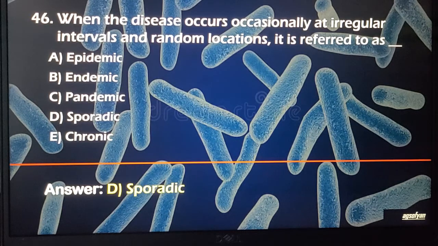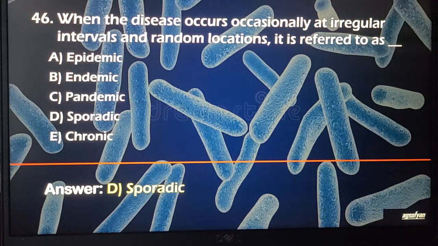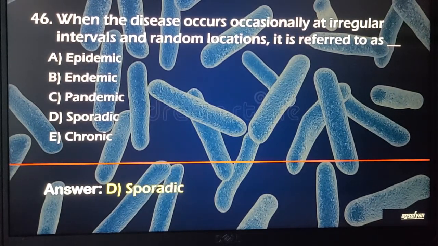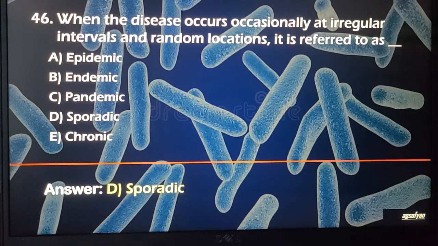And sporadic, this is the one that only happens in one area and then happens on another area that maybe farther away, that do not really share the same weather condition or situation. So just sporadically this has the distribution of the disease with the irregular interval and random location.